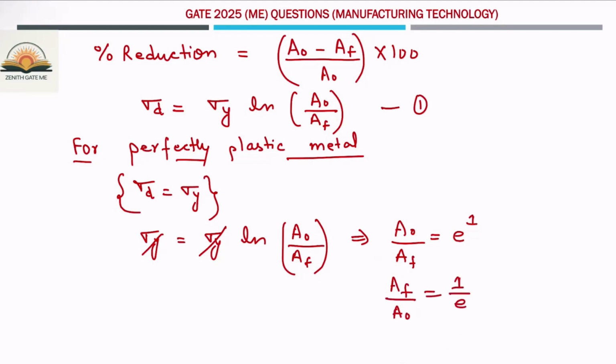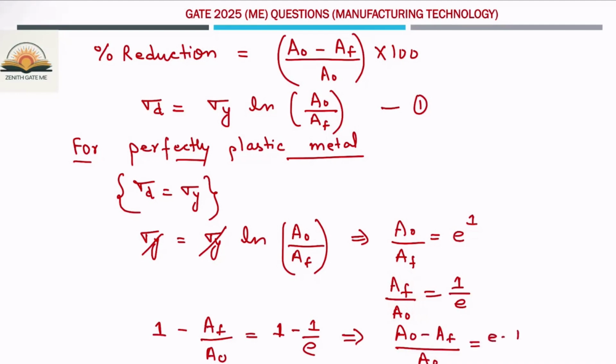If I subtract this Af by A naught from 1, that means 1 minus Af by A naught is equal to 1 minus 1 by e. So you can write A naught minus Af divided by A naught is nothing but e minus 1 divided by e. That means e value is 2.732, minus 1, divided by 2.732.